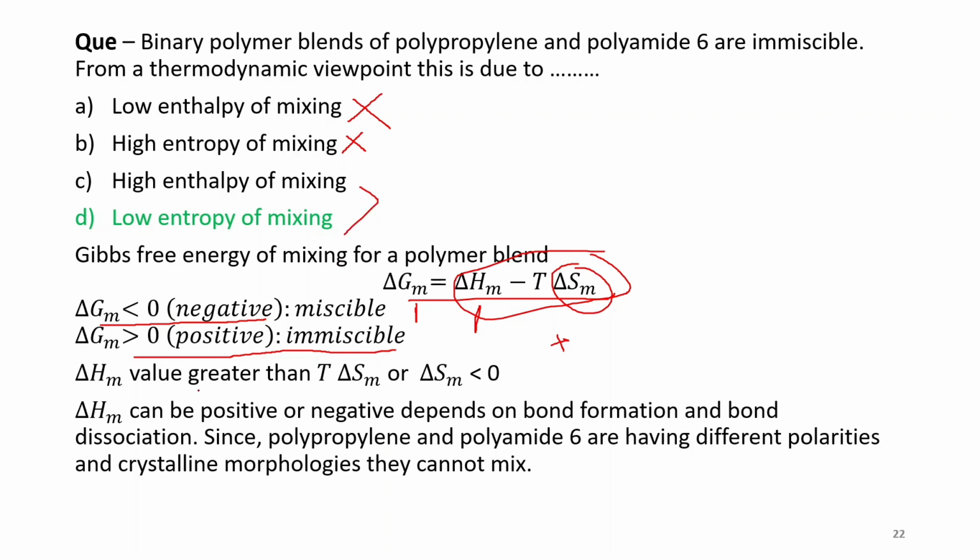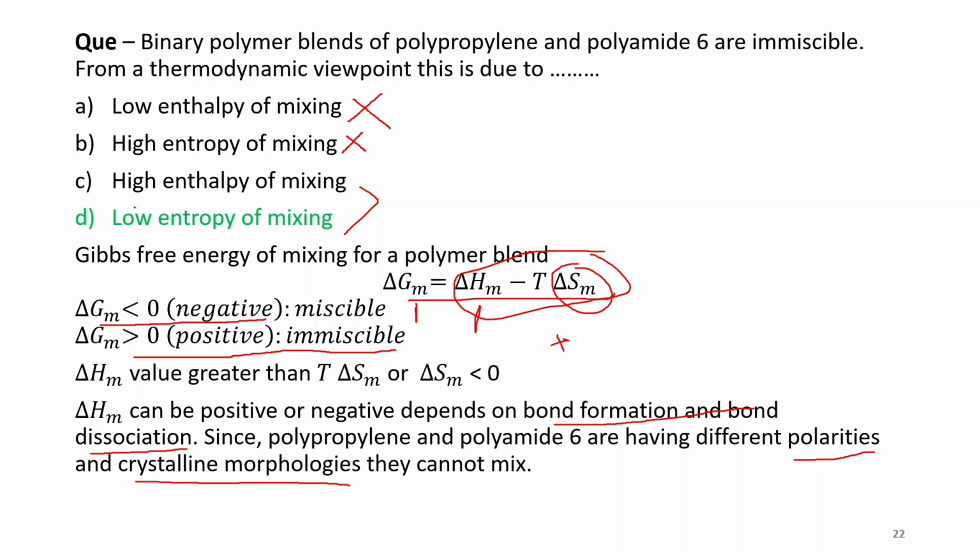We know that change in the enthalpy of mixing can be positive or negative when there is bond formation or bond dissociation. But in the case of polypropylene and polyamide 6, we have different polarities and different crystal morphologies. So they cannot mix and cannot undergo any kind of bond formation and bond dissociation.